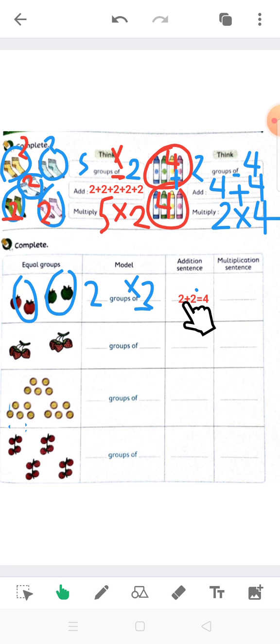How many 2's do we have? I've got 2. And the number is 2, so 2 is repeated 2 times. So I will write 2 times 2. Look here, the next example.